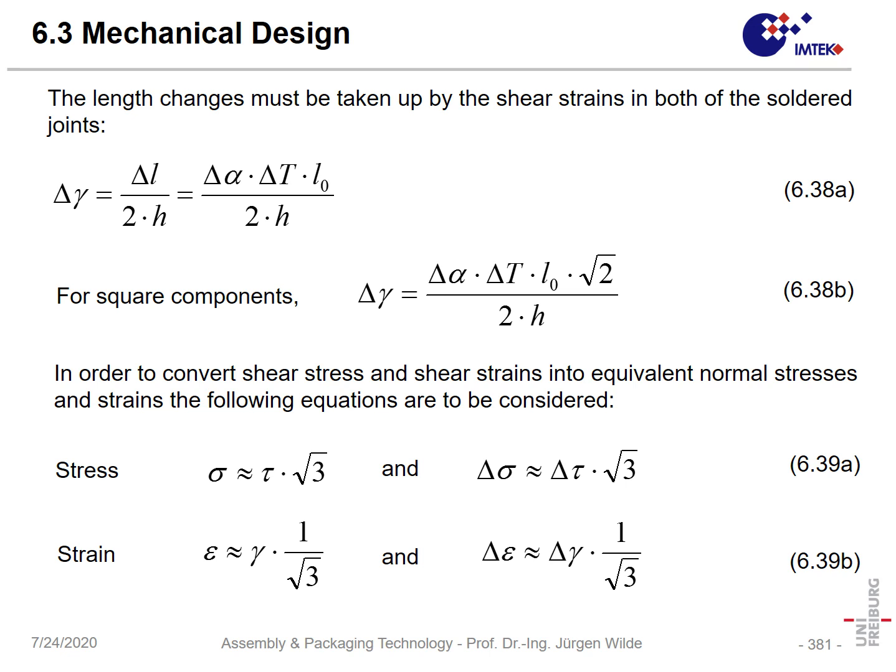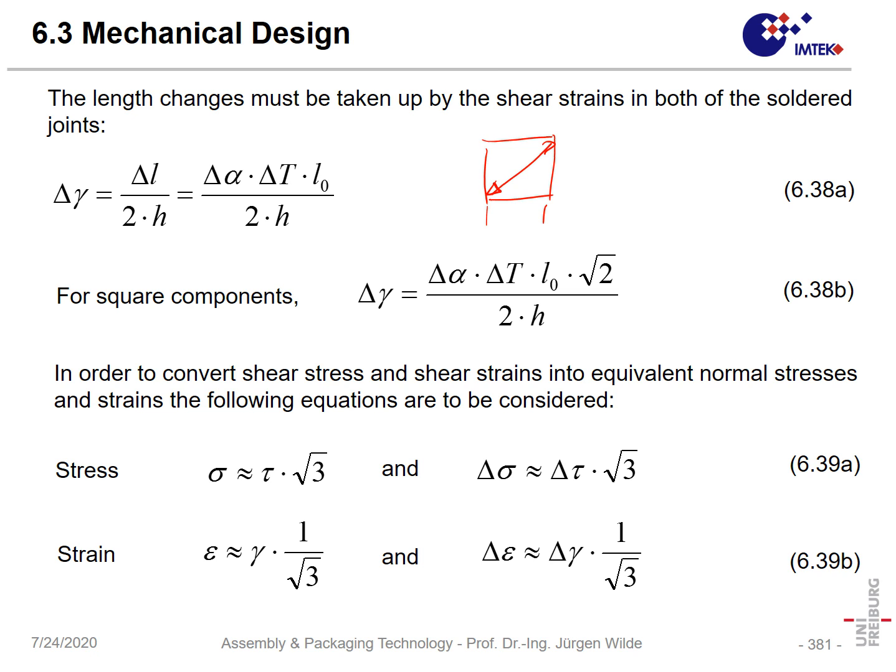So for square components, we must say it is not that length, but it is that length here. And so we must multiply the strain with a factor of square root of 2, or 1.4 roughly. And in that way, we get the shear strain.